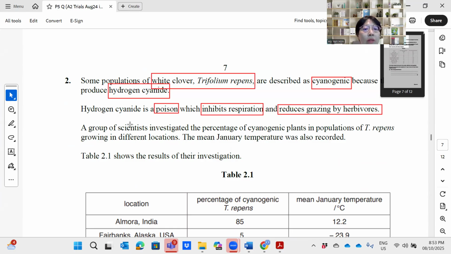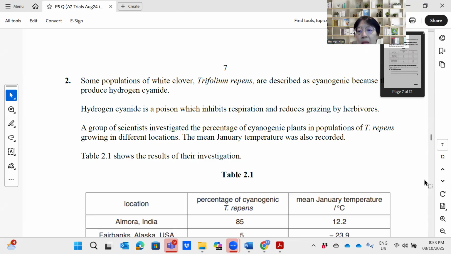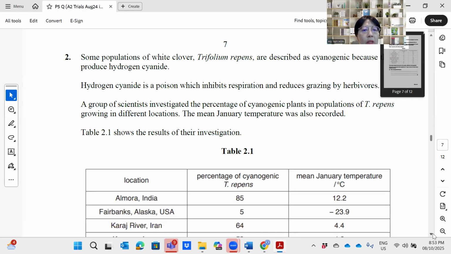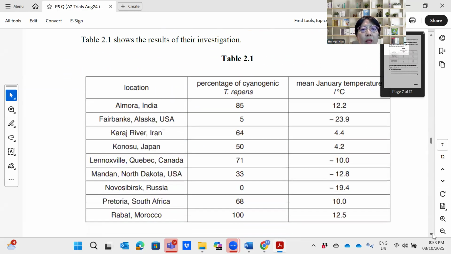Okay. So a group of scientists investigated the percentage of cyanogenic plants in populations of Trifolium repens growing in different locations. So they chose January at different temperatures to find out the population density of the plant at different temperatures in different places, in different countries.